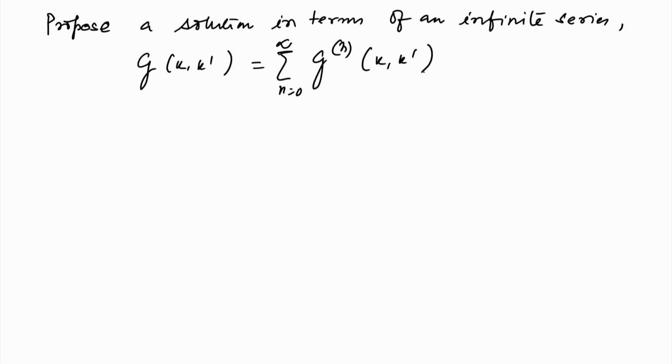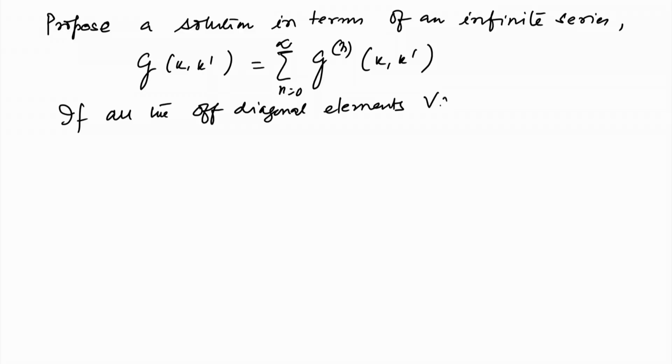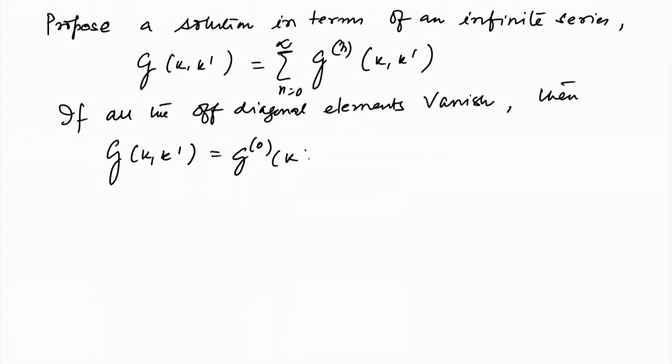And so, if all the off diagonal elements vanish, so this is the first approximation, then we have g k k prime equal to g 0 k delta k k prime.